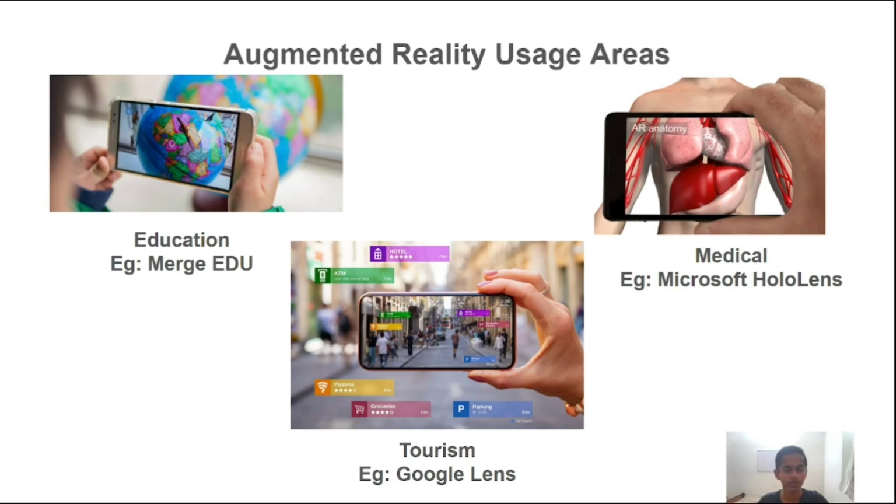And the last example is tourism. Augmented reality enhances travel experience by providing real-time information. Apps like Google Lens, for example, allow tourists to scan landmarks and see historical details, while museums use augmented reality to create interactive exhibits that bring history to life.